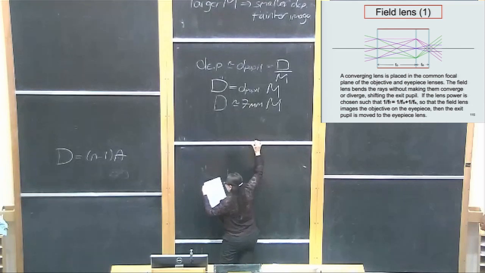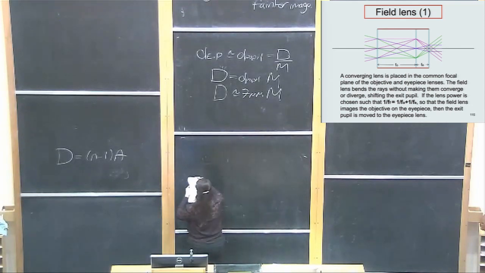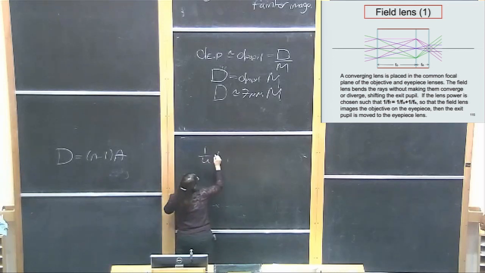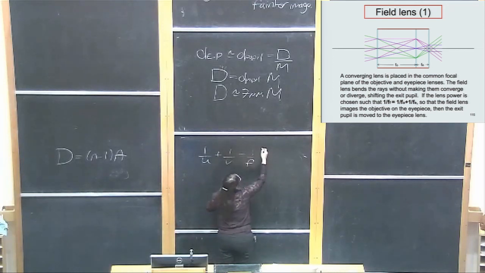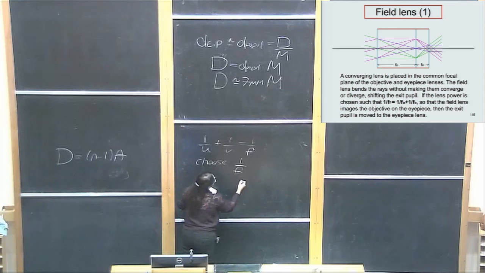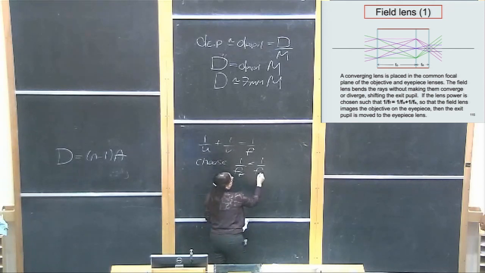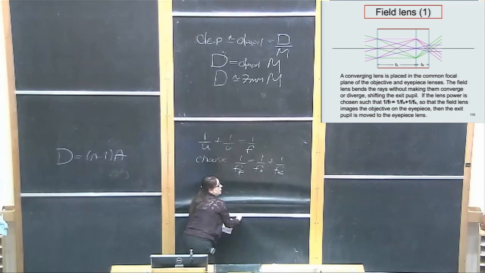Specifically, the simplest thing to do is what I've drawn here, where you put it in the common focal plane. And if we go back to our normal thin lens formula, the focal length of our field lens is going to be given by the sum of the reciprocals of the focal lengths of the objective and the eyepiece.